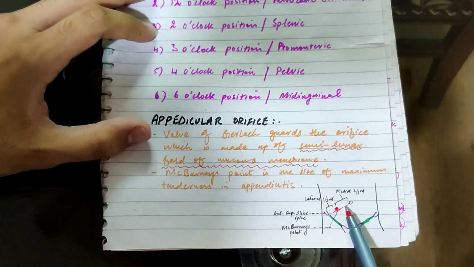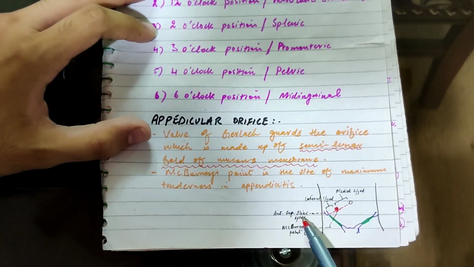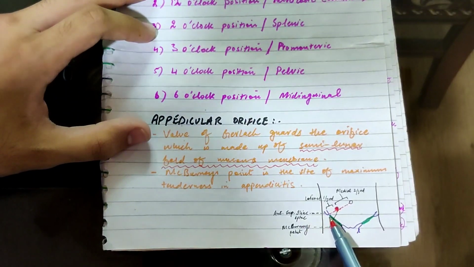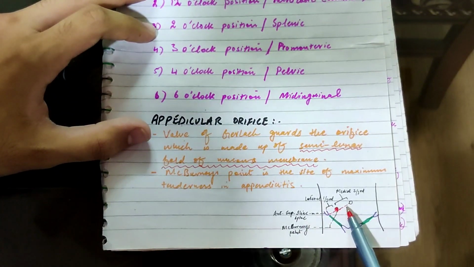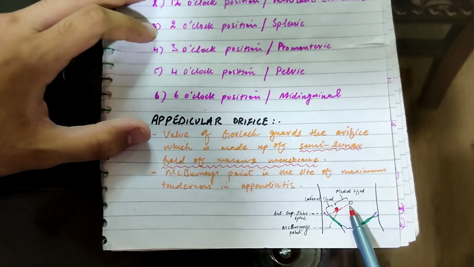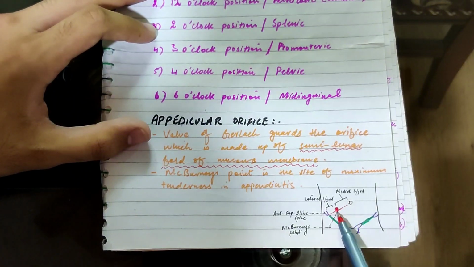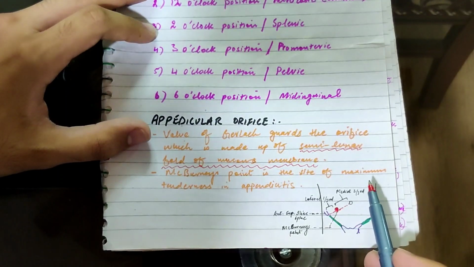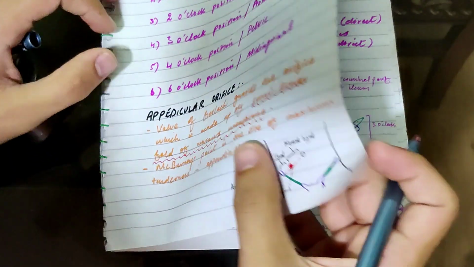Basically, if we draw an imaginary line between the umbilicus and the anterior superior iliac spine of our pelvic bone, McBurney's point is a point present between the medial 2/3 and the lateral 1/3 of this imaginary line. So this is the McBurney's point, and it becomes inflamed or tender in appendicitis.